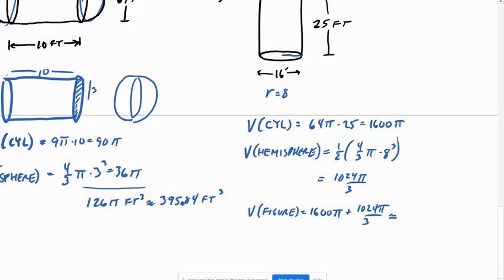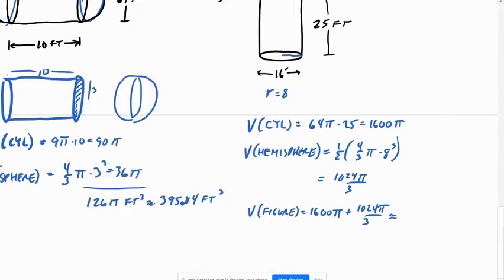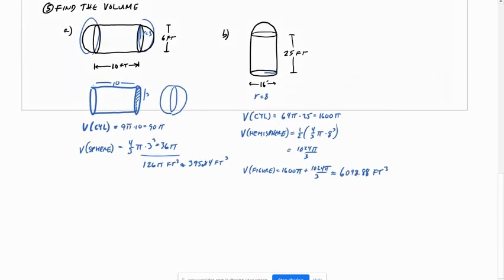And that is about 6098.88. And that's in cubic feet. And that completes our lesson on volume of spheres.